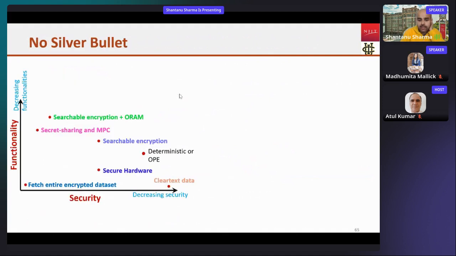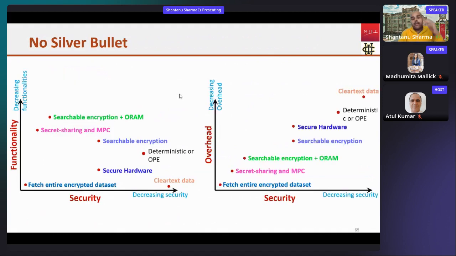And finally, the conclusion. We have multiple techniques. We need to see what types of operations we want to execute, and there is no technique that can provide everything to us: completely secure, no overhead, and full functionality. On the landscape of different parameters, we can place different techniques, but with a combination of techniques, such as CryptDB is using, as I told you in one of the slides, we can design a more efficient system.